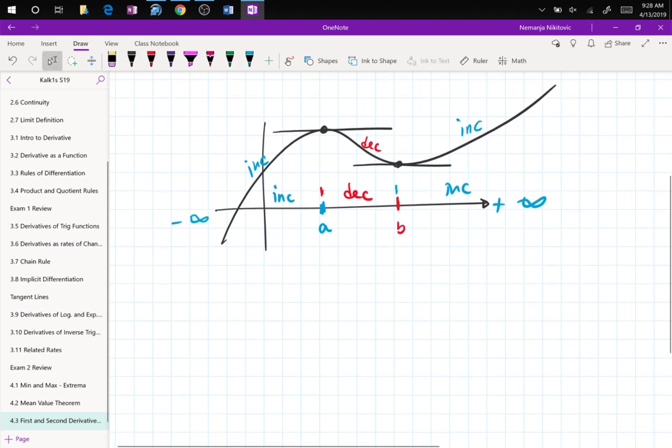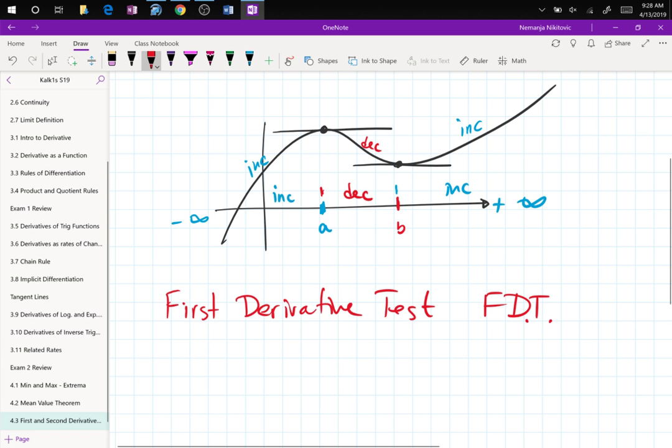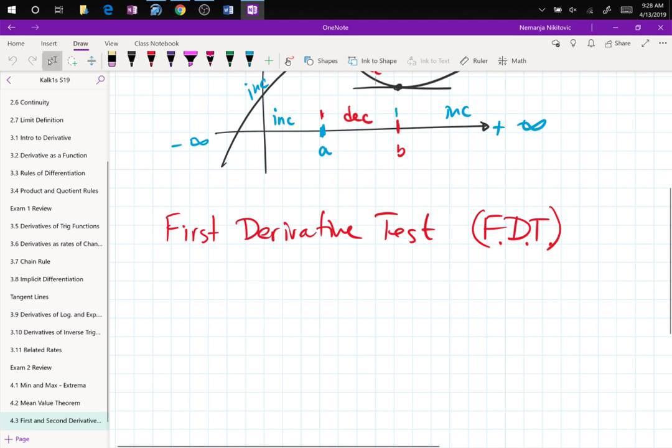So let's take a look at the first derivative test procedure, theorem. First derivative test, I abbreviate that with the FDT, so we're going to use FDT, and this is what it says.